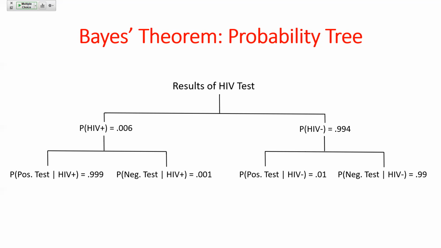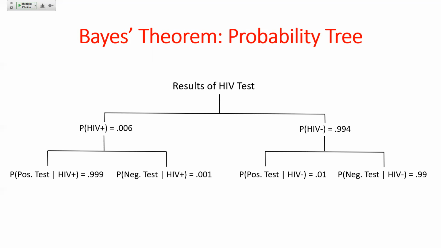I then have 2 branches. Here's my HIV positive branch. On this second row, on the HIV positive branch, I condition on that state of nature, the person being HIV positive. I'm then looking for the conditional probability for the 2 different outcomes of the test. I know that on this branch, these 2 have to add to 1.